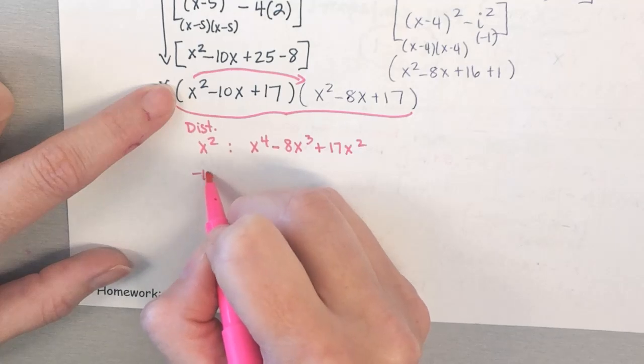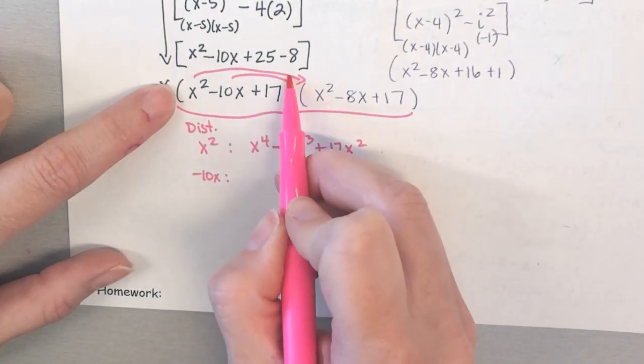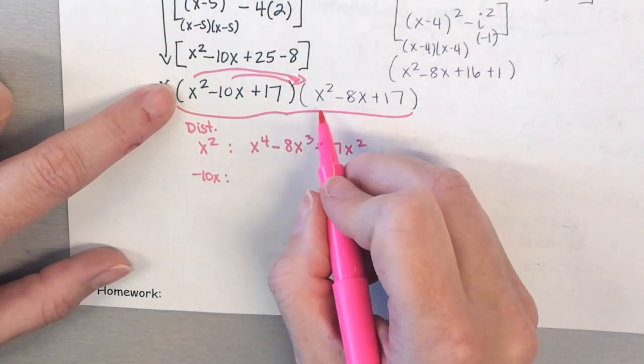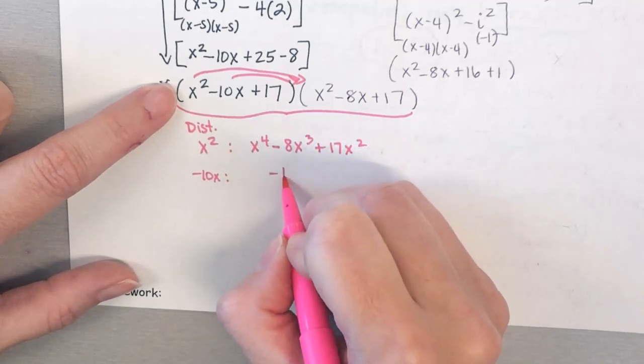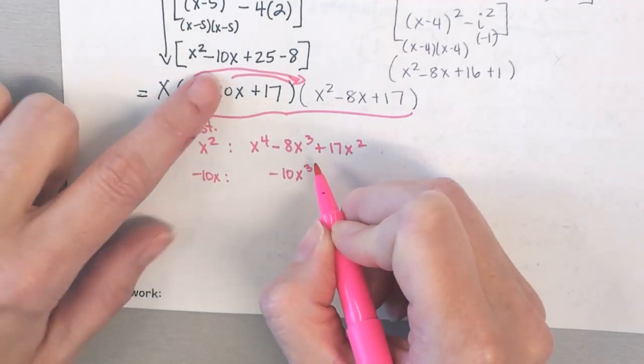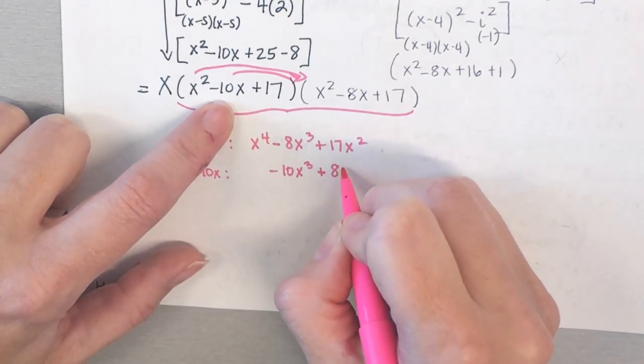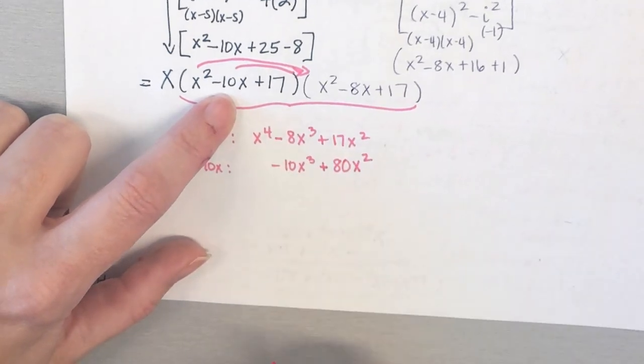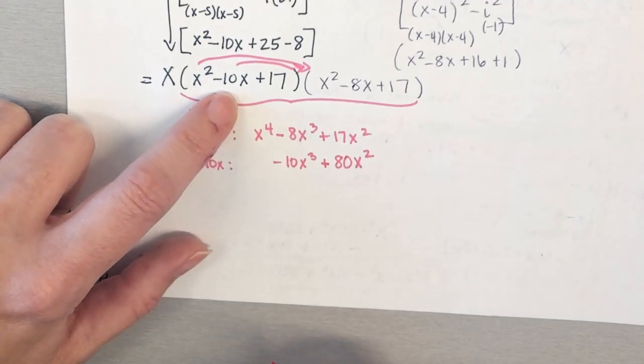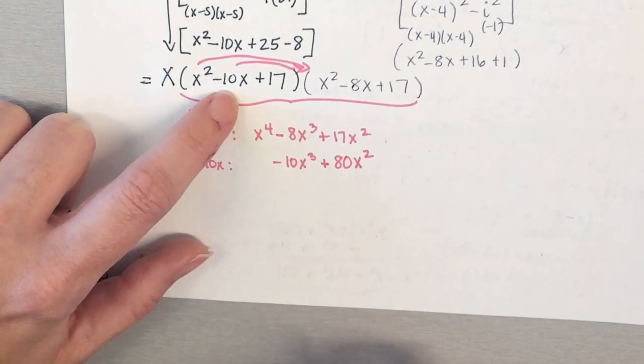Then I'm going to distribute the negative 10x to everything. So that's going to give me negative 10x cubed. Negative 10 times negative 8 is 80, so you have 80x squared.